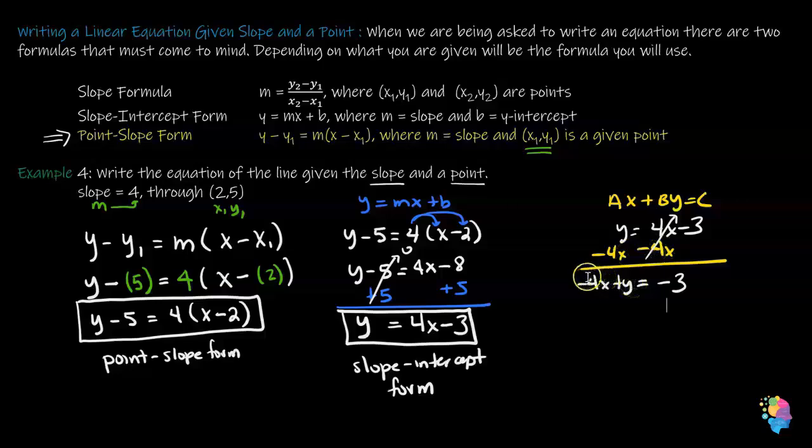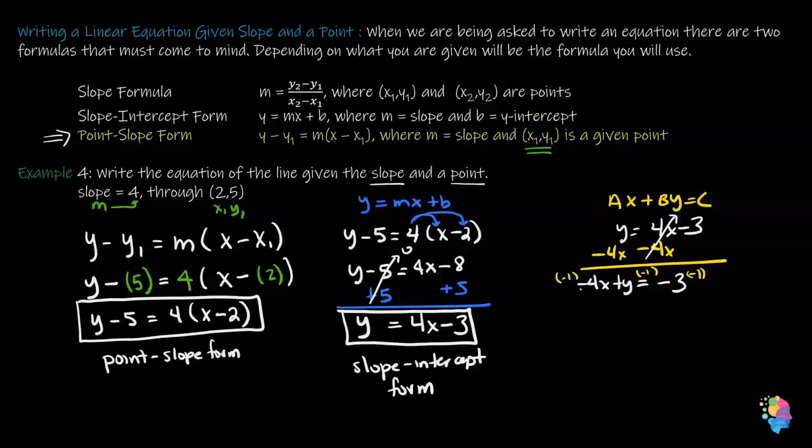However, you see that? This is a negative 4x and a is supposed to be positive. Not to worry. Remember, all we have to do is multiply every single one of these terms by negative 1. And if you notice, all that negative 1 did was change the sign.